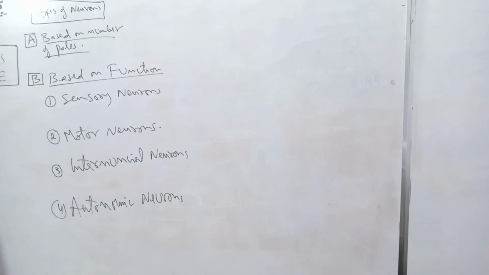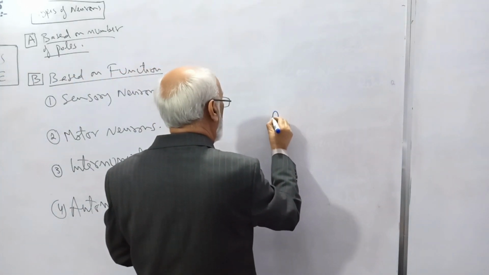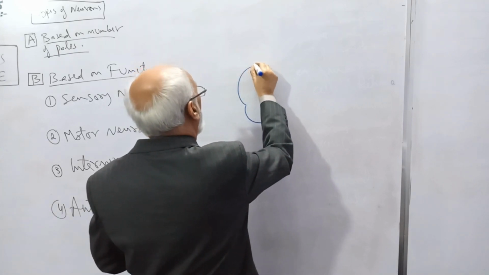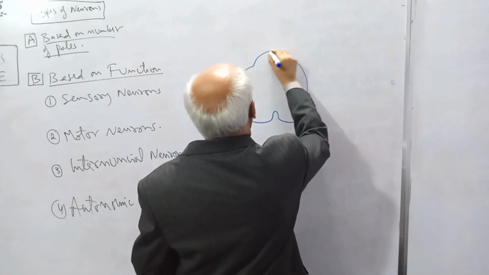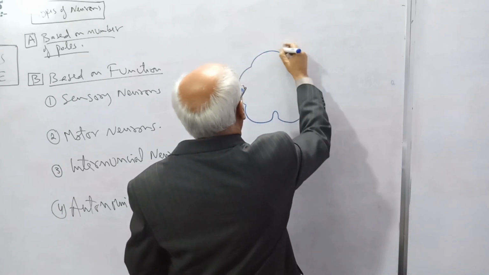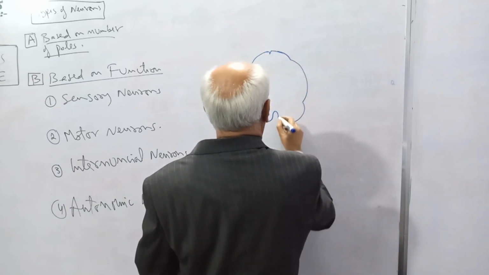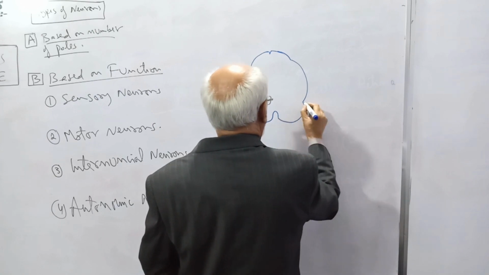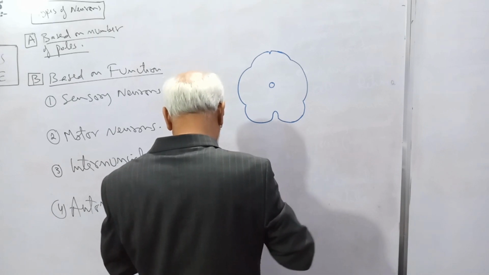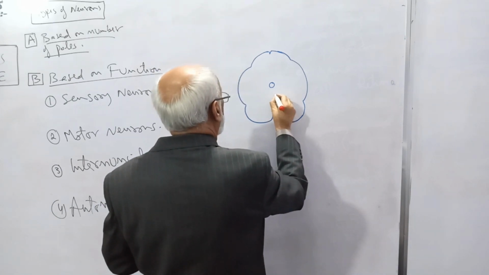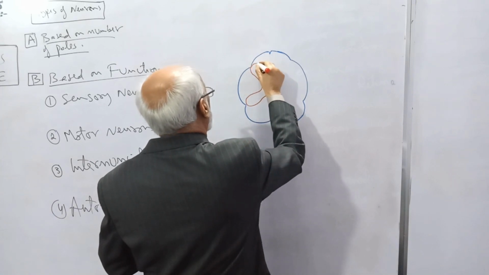A section through spinal cord. Gray matter inside, having anterior horn, posterior horn.